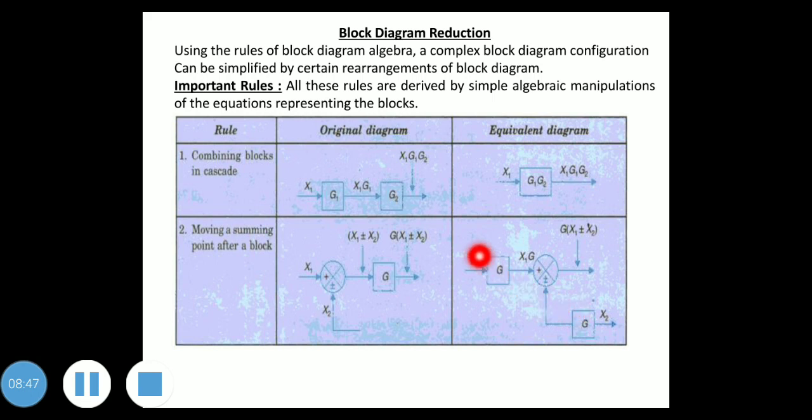Whatever this block G is, that will come here, G, and this is x2. Got it? So we have to add a block in series with x2 and give it as input to the summing point. Now this will become G times x1 plus or minus x2.